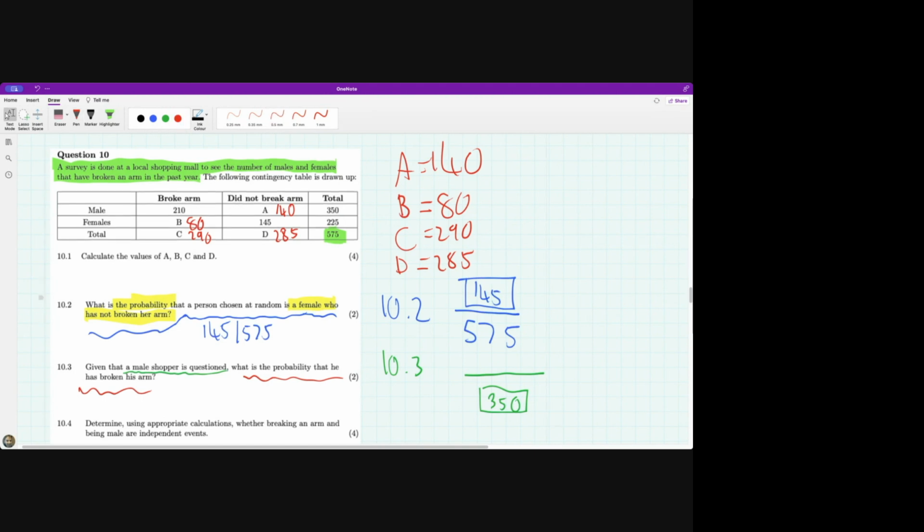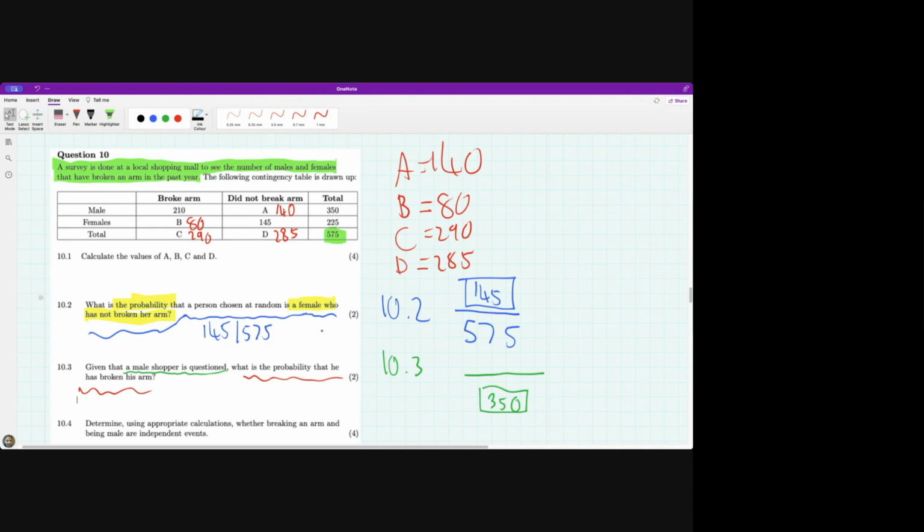Okay, Bukle, let's go to your question. Yes, how can I help? Aren't we using the entire sample size? Why is it saying 350? No, because it's really important that the question says, given that a male shopper is questioned. So now it's conditional on that statement. We're only considering the male people in the sample, and the number of male people is 350.